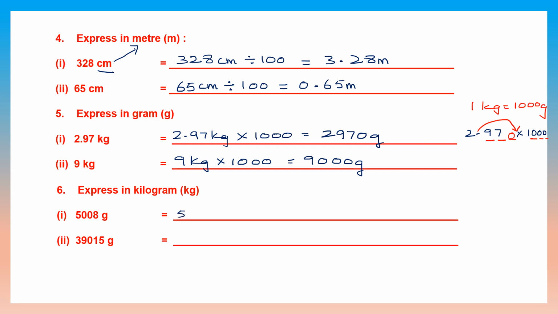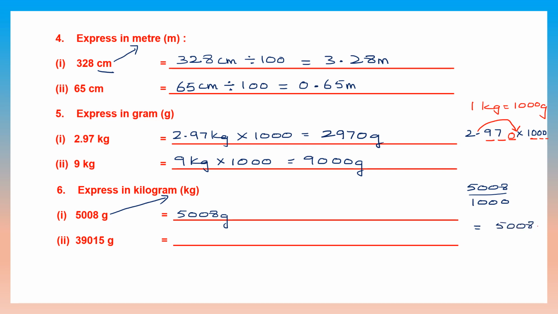Next one, expressed into kilograms. So let's write down what is given to us. 5008 grams is given. Now we have to convert it to kilograms. So from small to big, gram is smaller, kilogram is bigger. From small to big, we divide by 1000. So let's divide 5008 by 1000. We write the numerator as a whole number. So we've got 5008.